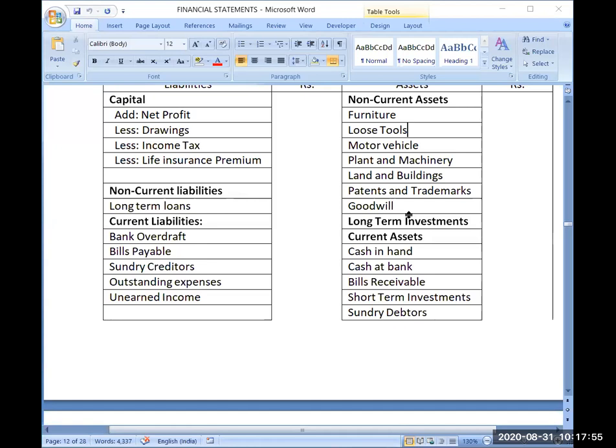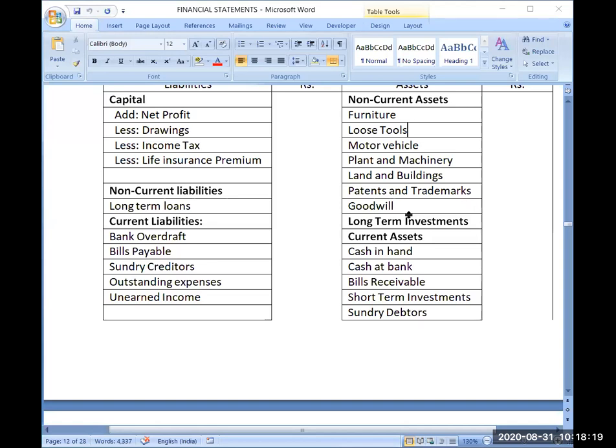Debtors are those persons to whom you are giving goods on credit. And short-term investment: right now I explained that there are some securities which you will be investing in, like you can invest money in a 3 months FD or 6 months FD. Because that FD will mature within a year, that's why it will be termed as short-term investment.